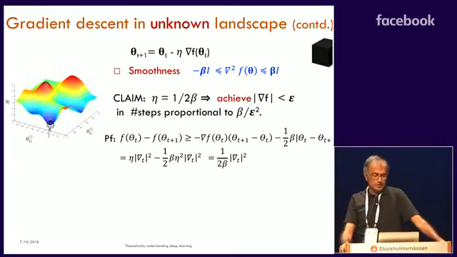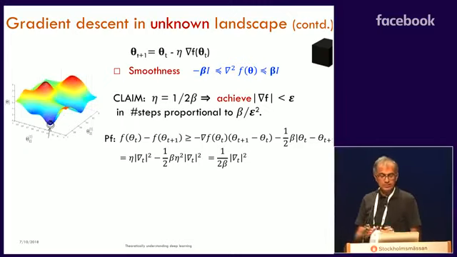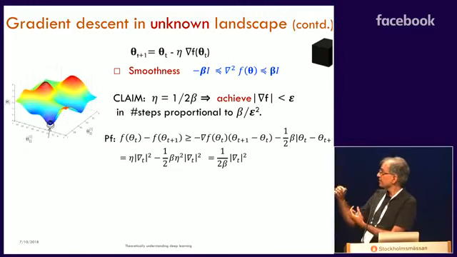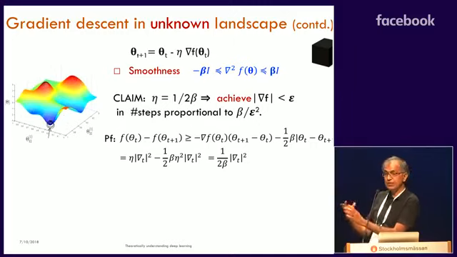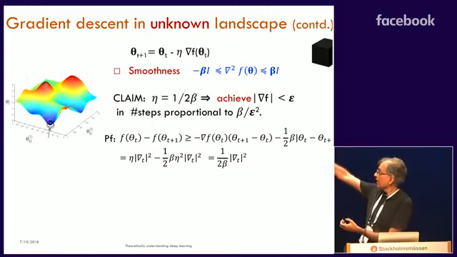And this is possibly the only proof I'll do, because it's a two-line proof. From the meaning of smoothness, if you think about the one-dimensional analog, if the second derivative has a bound of beta, then the first-order approximation to the function is basically correct up to this quadratic term, beta times the quadratic term.